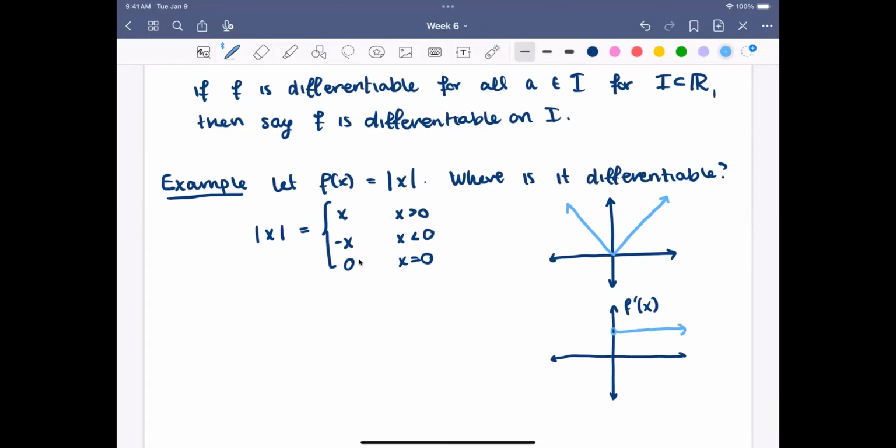I'll put a hole there for now, because we don't know what happens when x is 0. Similarly, for negative x values, this is a line with slope -1, so we get a slope of -1 here. And at x equals 0, it's not clear what the slope should be at that point, so I'll put a question mark for the value there.